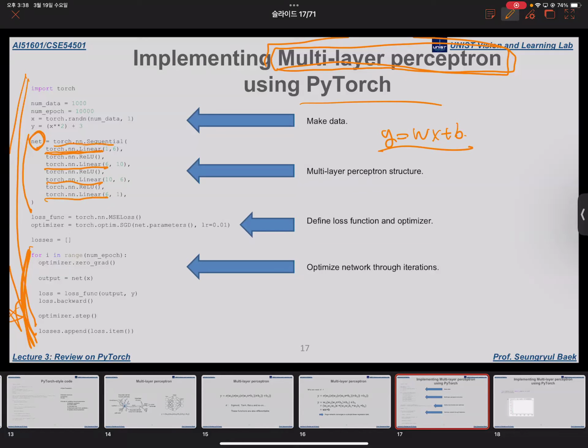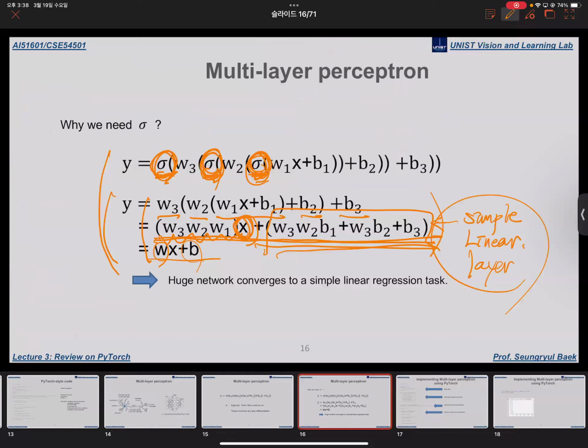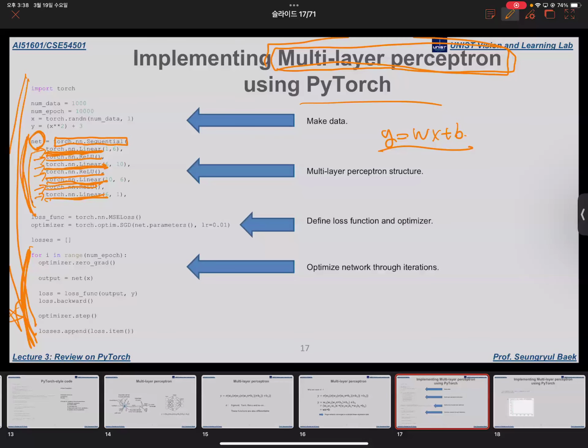This torch.nn.Sequential means you will stack these layers one by one. Okay, you will apply these layers one by one to your input and intermediate inputs to calculate the final output. So you first apply this linear equation, and then apply nonlinear, and apply linear again, and apply nonlinear, and linear, nonlinear, linear. So this becomes the architecture that represents this kind of formula, right?